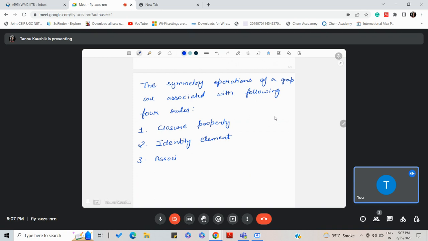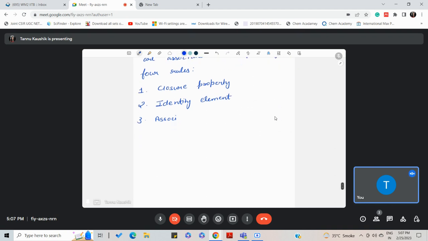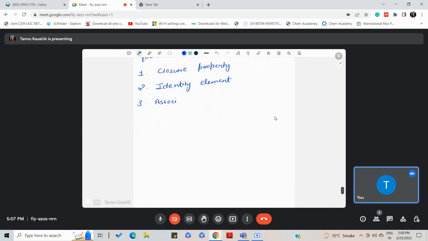These rules and basics have already been discussed in the main sessions by Professor Jitendra Chuk. Here I am just revising it, and I will be taking the examples of groups here, because there some basic examples were discussed, but here we will be taking water or some other examples.